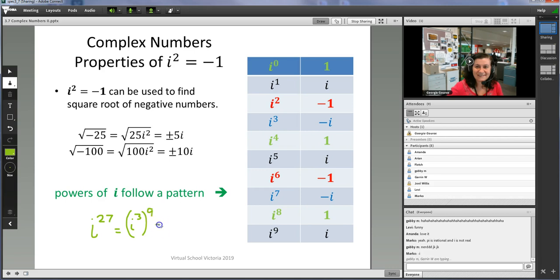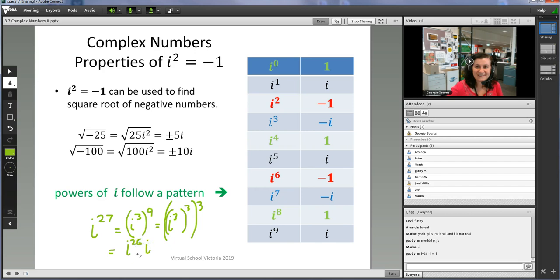Well, there's lots of ways I could write it. I cubed to the power of 3. Gosh, there's lots of ways I could do it. Or I could do a nice even number. Or I could go i to the power of 26 times i.